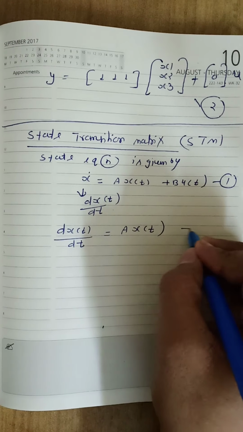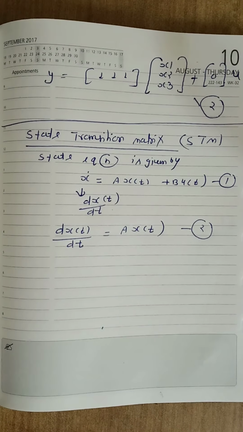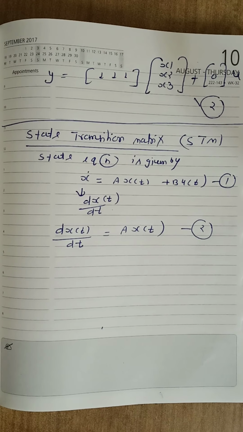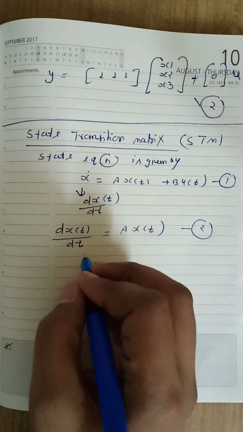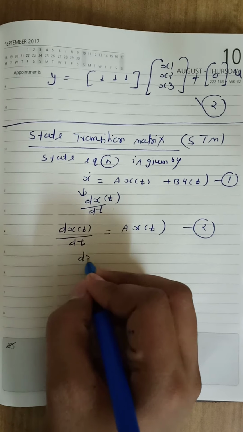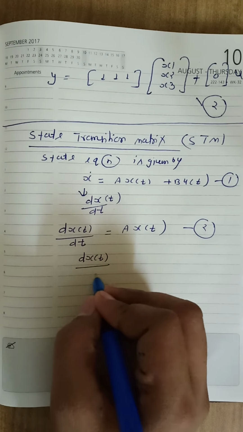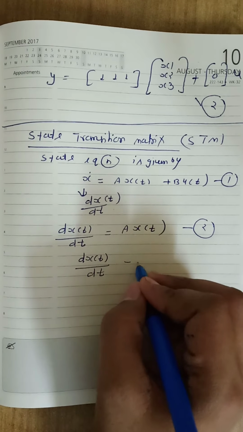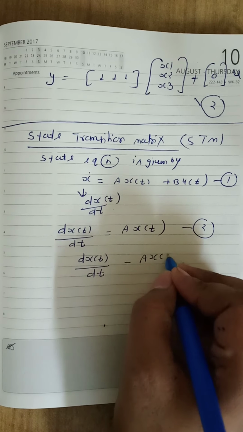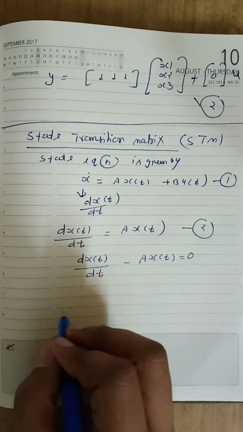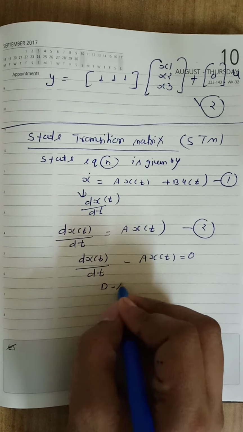Suppose this is my second equation, or we can write the equation as dx by dt minus Ax(t) equal to 0, or (D minus A) x(t) equal to 0.